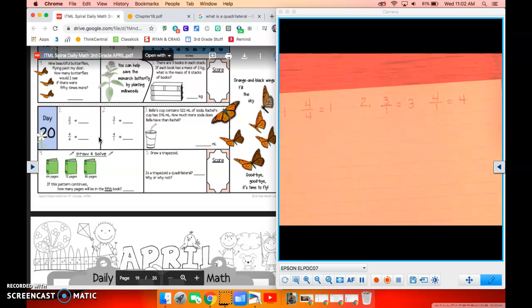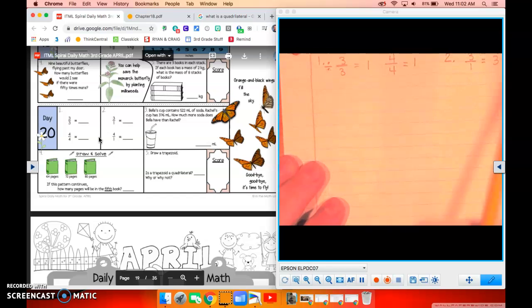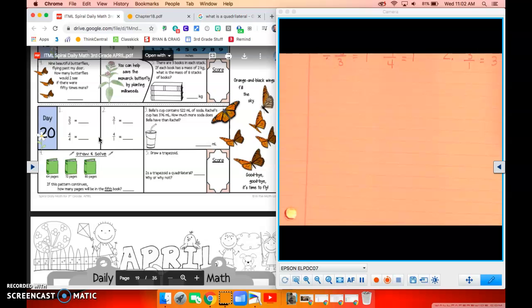There are other answers for these two problems. Okay, 3 divided by 3, that equals 1. You could do 4 over 4, 5 over 5, 6 over 6, as long as it equals 1.